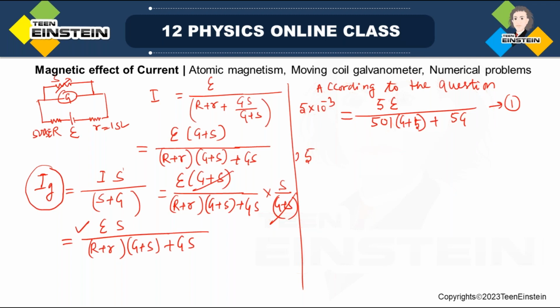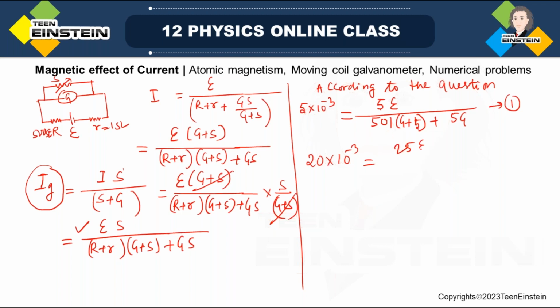Now we have 20 milliampere current for a 25 ohm shunt.